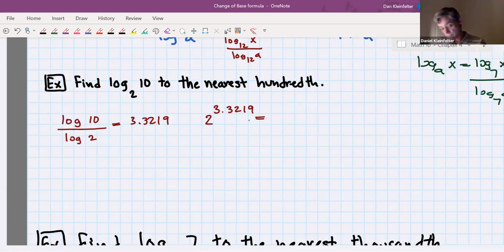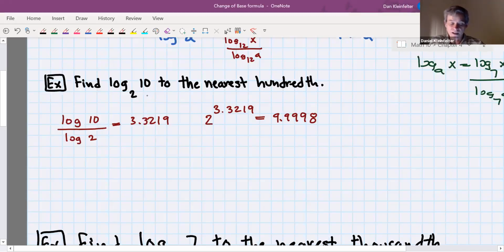And you get 9.99998 because I round. Okay, so again, what we're finding here is the number that you'd raise 2 to get 10. I know 2 cubed is 8, 2 to the 4th power is 16. If you want 10, you're going to go 2 raised to the 3.32 power.